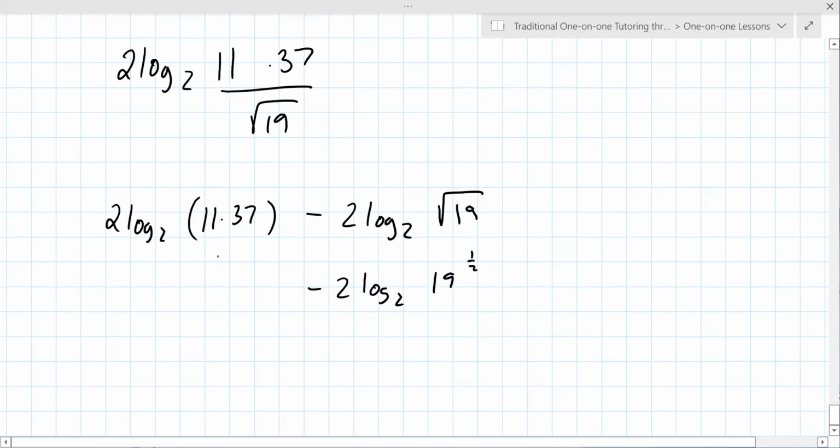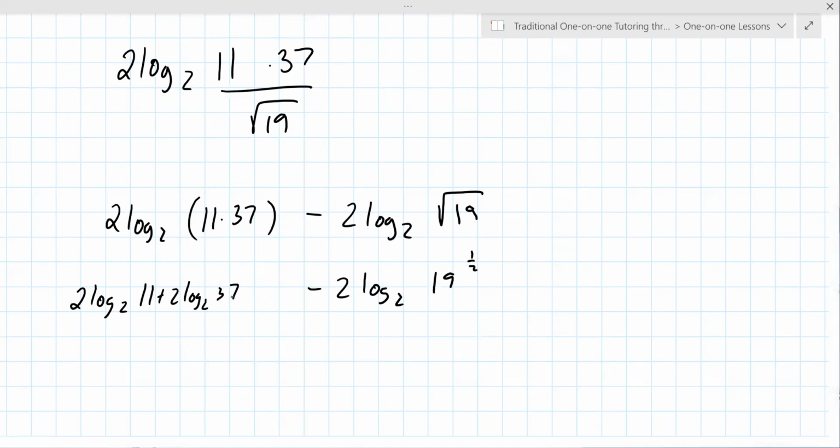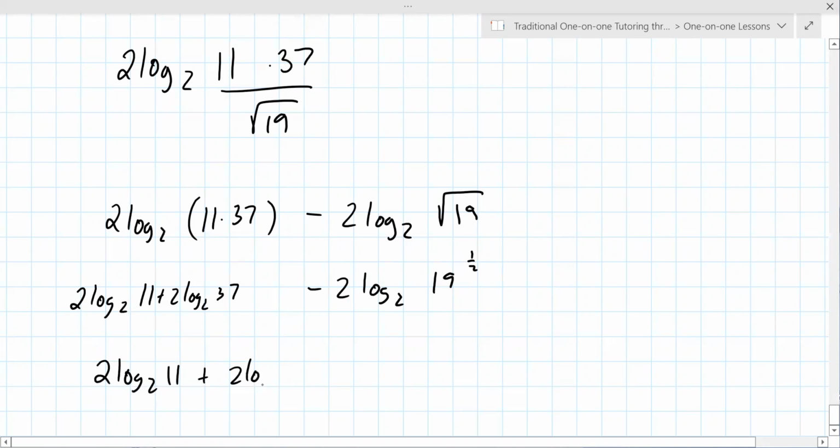On the left here, it's a product, so it's 2 log base 2 of 11 plus 2 log base 2 of 37. So on the right here, what does this 1/2 become? Where does it go? 2 times 1/2, which becomes 1. Perfect. Yeah. So 2 log base 2 of 11 plus 2 log base 2 of 37 minus log base 2 of 19.